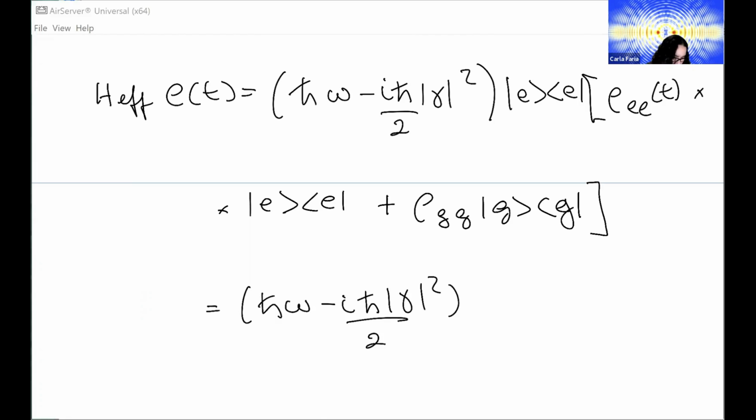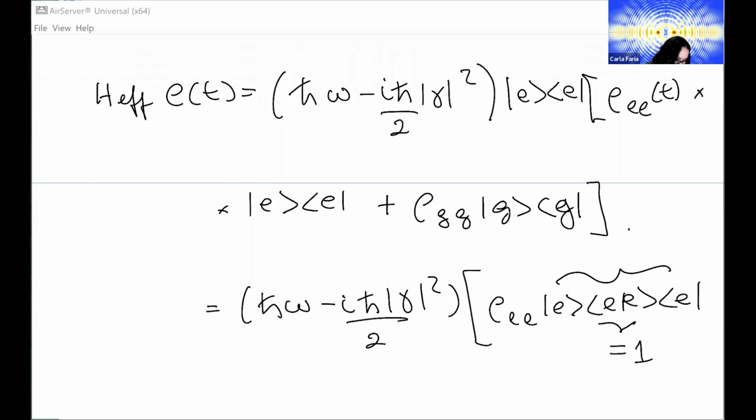I'll leave this outside. ρ_EE |E⟩⟨E|E⟩⟨E|. So ⟨E|E⟩ is equal to 1. And this gives me then |E⟩⟨E|, which doesn't surprise me because after all, this is a projector.